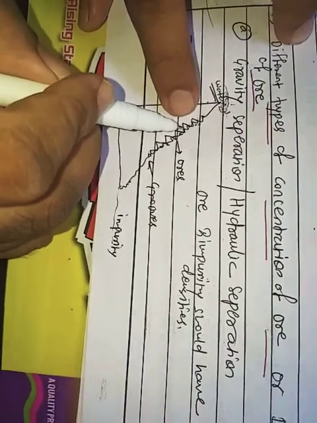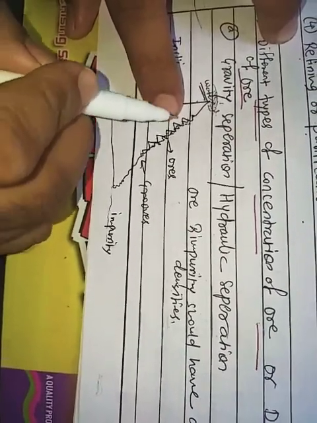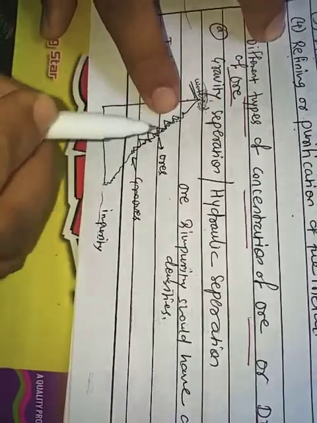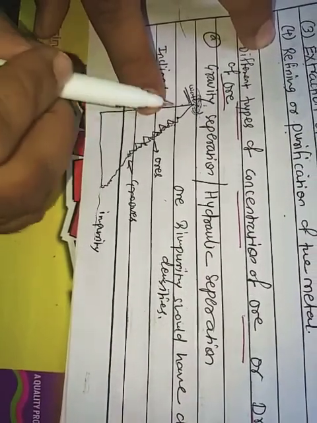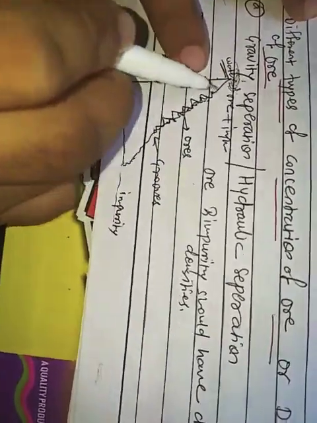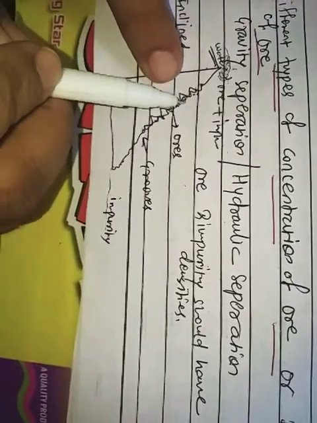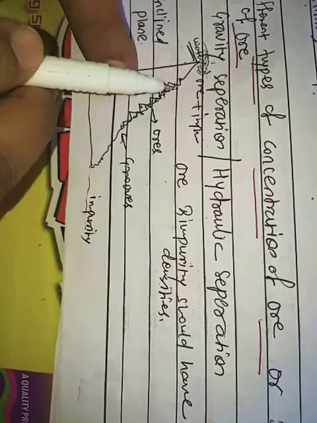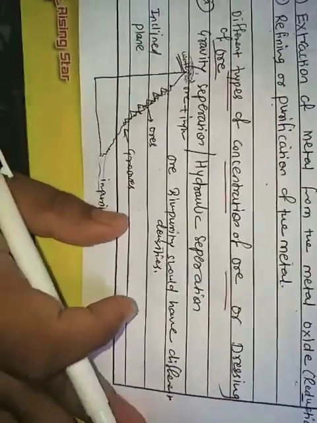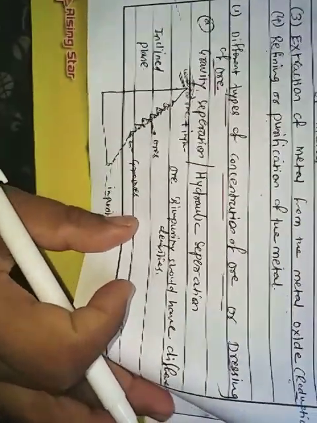The ore having the highest density will fix in the groove, and whatever impurities will settle down with the flow of water. Suppose we add ore plus impurity here, the ore having a higher density will fix in the grooves, and the impurities will settle down with the flow of water. Like that we can separate with this hydraulic separation, or gravity separation.